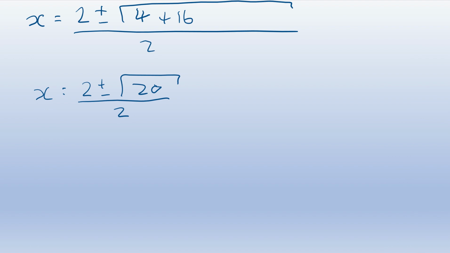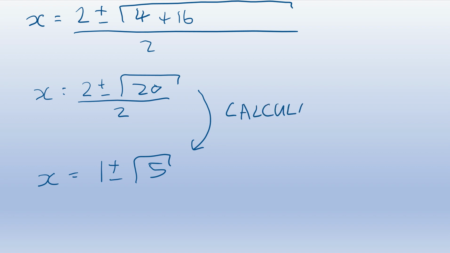Alright, from here, if you put this into your calculator, you're going to get x is equal to 1 plus or minus root 5. And I'm going to show you this in a future video on surds. Right now, getting from here to here, I'm not going to write that down. Your calculator will do that for you.